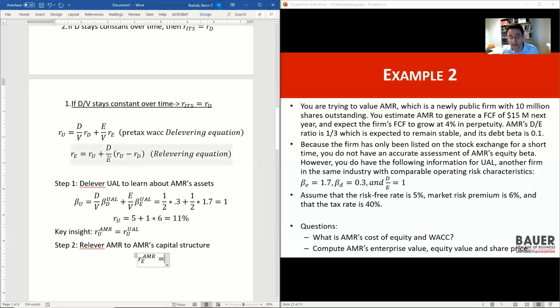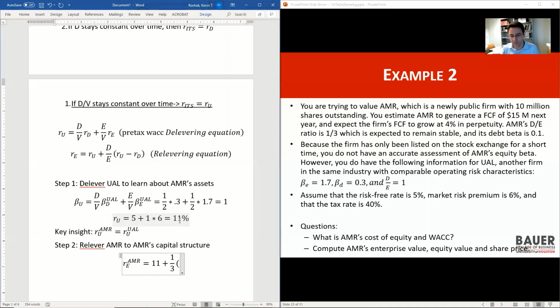The discount rate for AMR's equity is going to be built from the discount rate on their assets. Just walking through the relevering equation up here, we found that the discount rate on their assets is 11% from step 1. What's AMR's debt over equity going to be? Well, they have a debt to equity of 1/3. That's just given to us. So we just plug that straight into the formula.